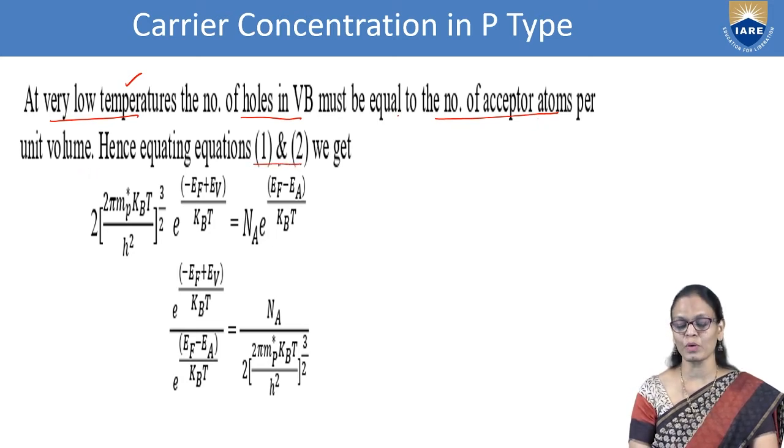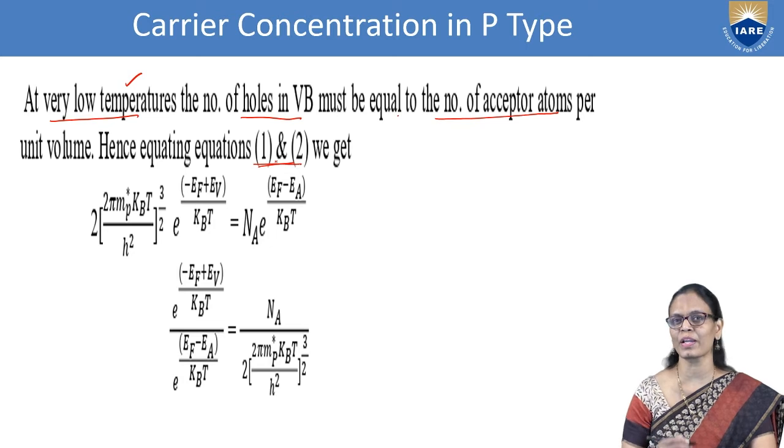So we are going to equate these two equations, equations 1 and 2, one for the number of acceptor atoms per unit volume and the other for the number of holes in the valence band.